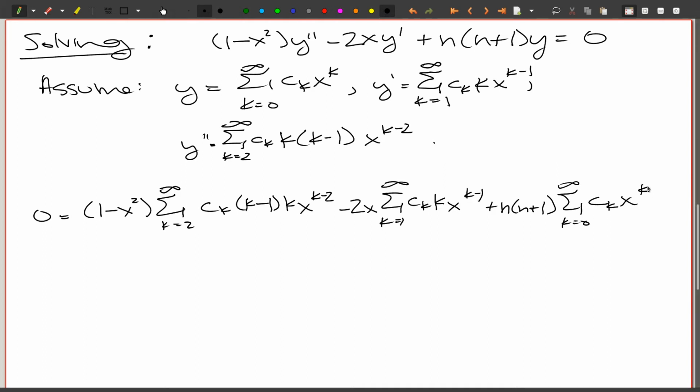And then from here, we can go ahead and distribute everything through so that we're looking at sums only. We want to move these x's and whatnot inside the sums we're looking at.